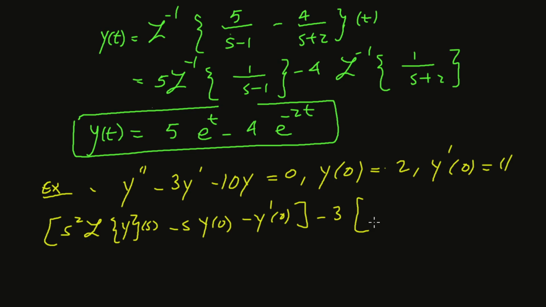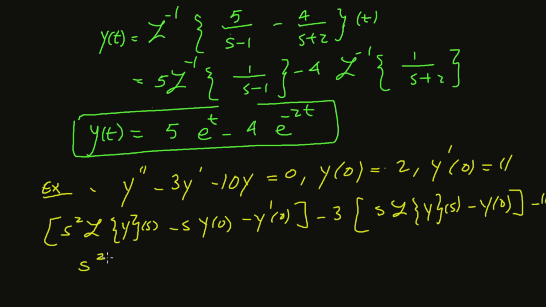Then on the first one, you get s times the Laplace transform, minus y of 0, minus 10 times Y of s equals 0. And then you will do the same math on all this stuff, and you'll collect the terms and all that. So let's say I'll give you the next step.